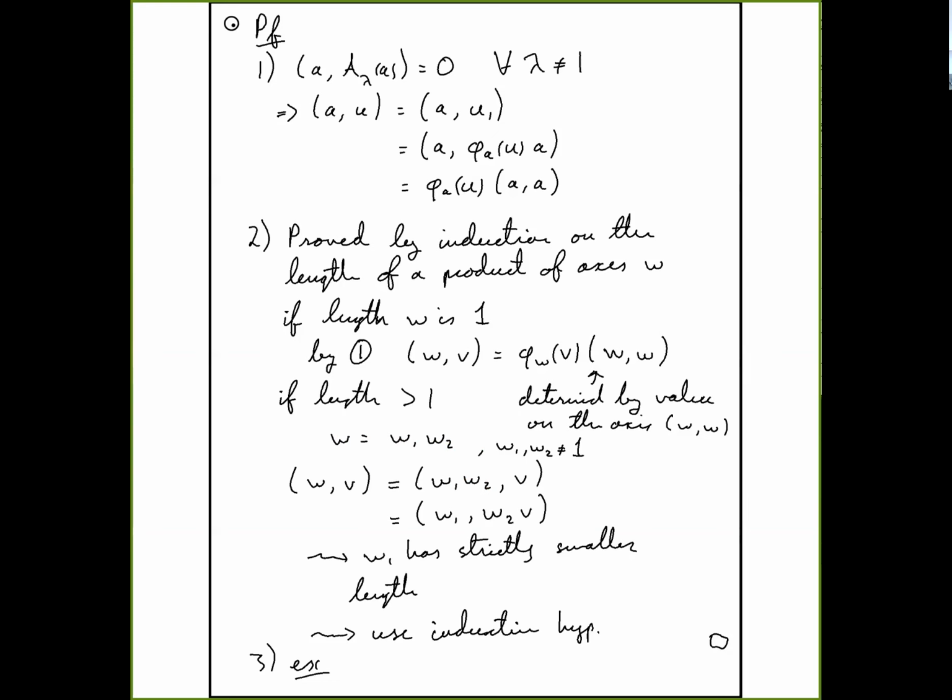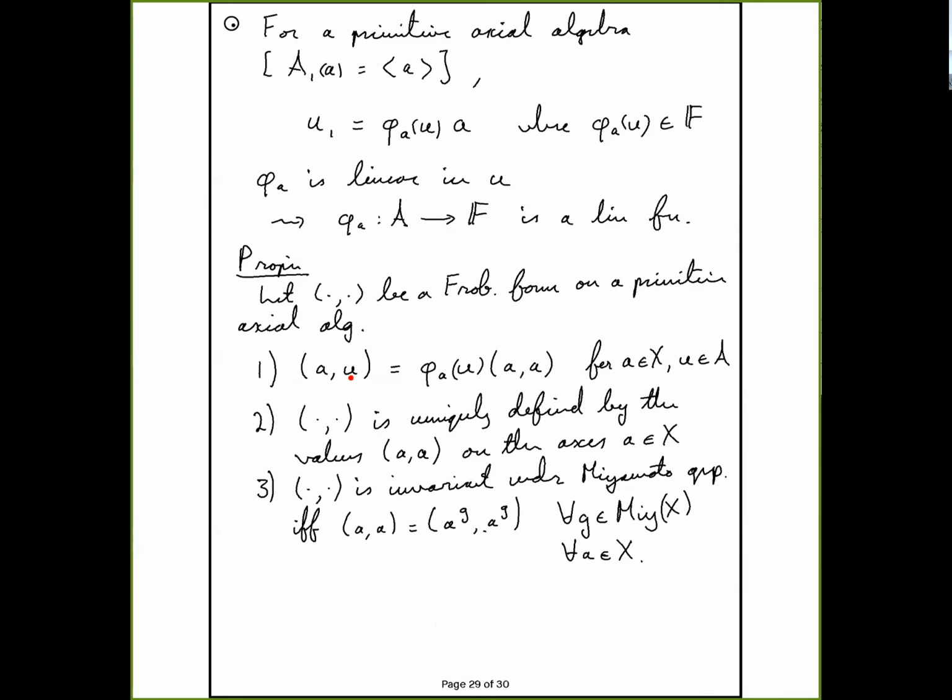Okay, so also part 1 here, suppose U is an axis, say U is some axis B. Then I have A comma B is the projection of B onto A of AA, but I could have also done it the other way around and had the projection onto B of A of BB. And so the value AA is linked to the value of BB.